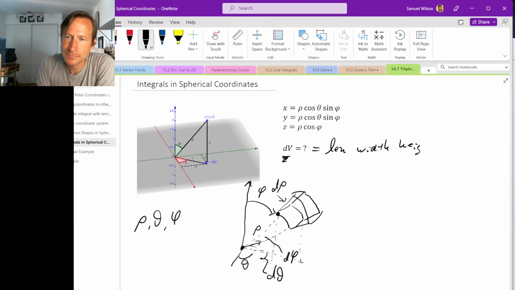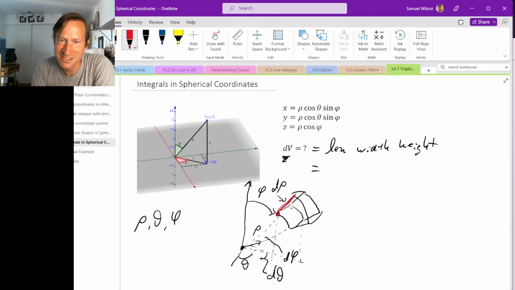And these are what we have to express in terms of our coordinates. One of these is easy. The length of this box, I'm going to call this direction the length of the box, and that's just d rho. So one of them at least is straightforward.